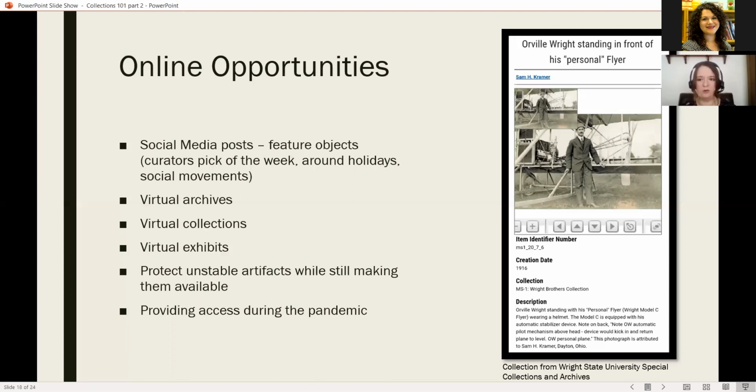Like if you have this historically and culturally significant artifact and people want to see it and interact with it all the time, it's your most requested item, but it's really fragile, you can take high-res photos of it and provide that to people instead. I suppose creating a replica would also be an option here as well, but again, time and money. But yeah, these are all things that we've been thinking about more often due to the pandemic.